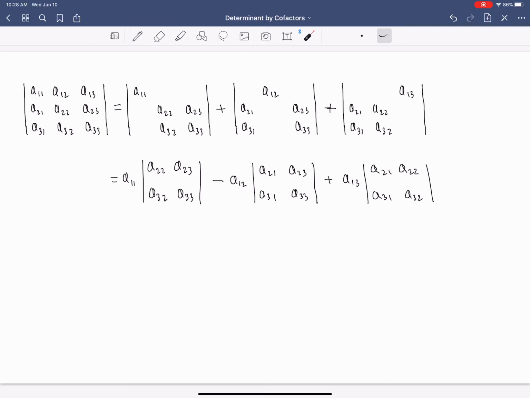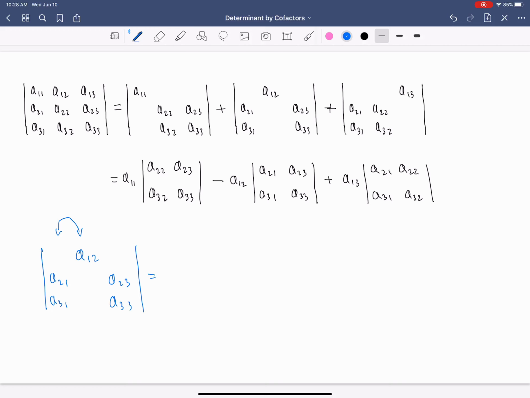So now that we have convinced ourselves that these two things are the same, how can I get to this? Well, remember, whatever applies to the rows applies to the columns. So what I have is this matrix, A12, A21, A31, A23, A33. Everything that's empty is just a bunch of zeros that I'm not writing. What I could do is switch the first two columns.